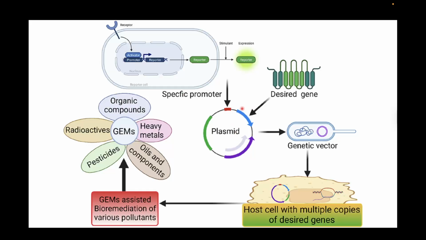This plasmid harbors the enzyme that is capable of degrading multiple classes of pollutants. This can be transformed into a host cell which can then multiply with multiple copies of the desired genes to create genetically engineered microbes assisted for bioremediation of various pollutants.